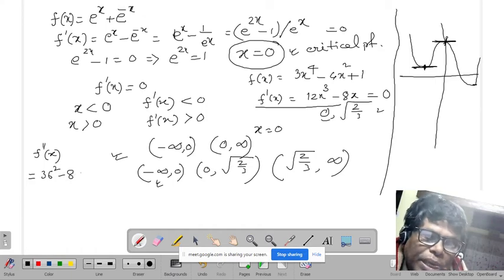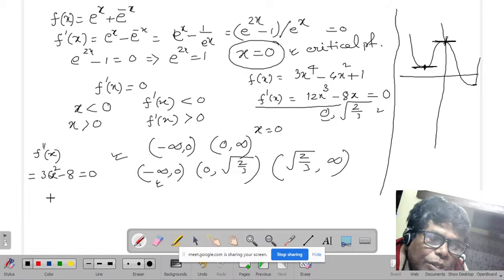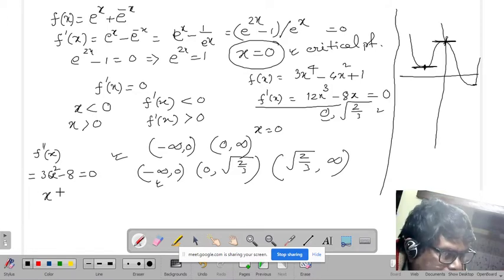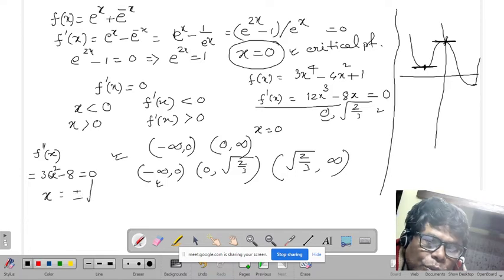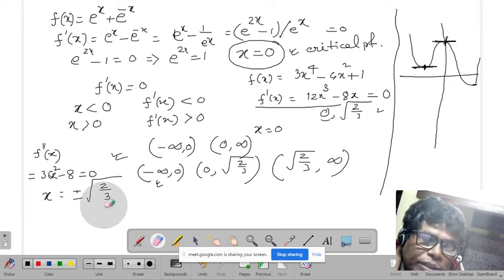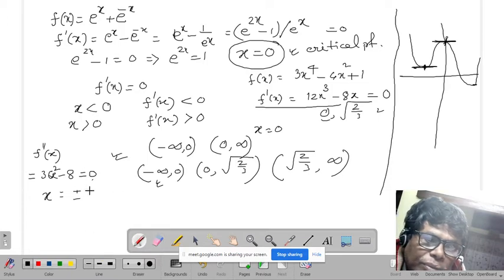And you make it 0, so 36x square equals 8. So what is the value of x? x is equal to plus minus root over 2 by 3. Sorry, I think it will be root 2 by 3. It will be root over 2 by 3.